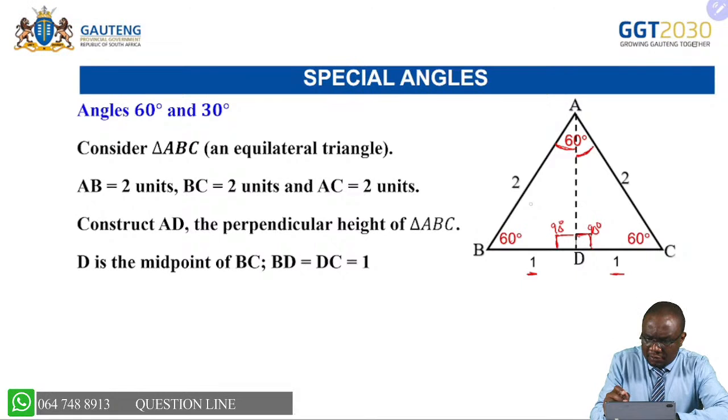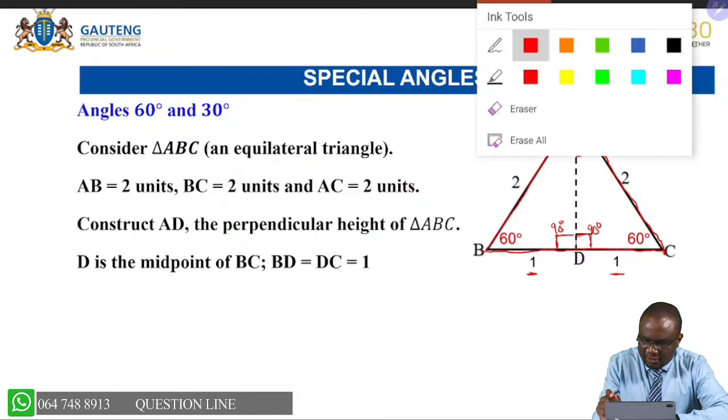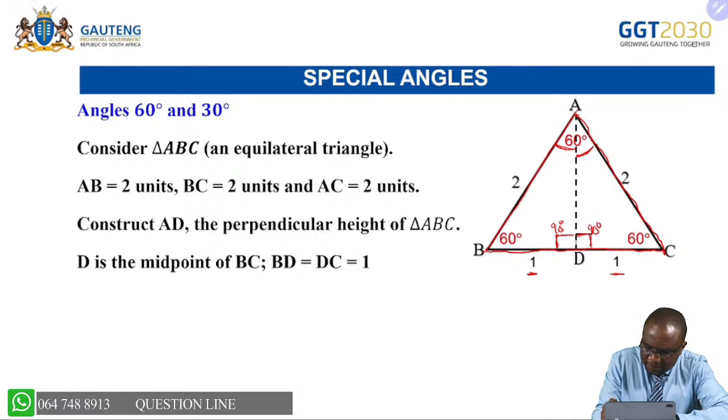How many triangles maybe do you see? You see, there's this triangle, the big one. Let me draw it. You see the triangle ABC, the big one. And then inside the big triangle, we have small triangles there, right angle triangles. Do you see them? Let me use a different color. You see this one?